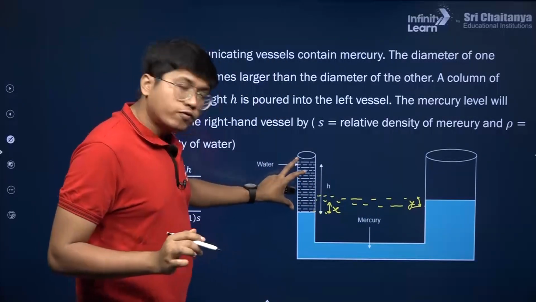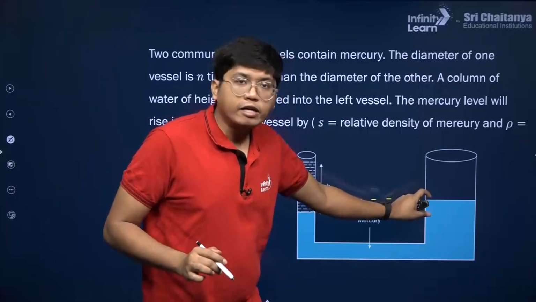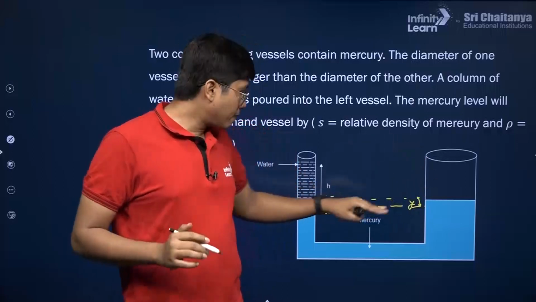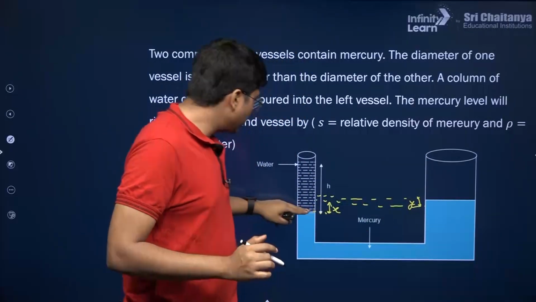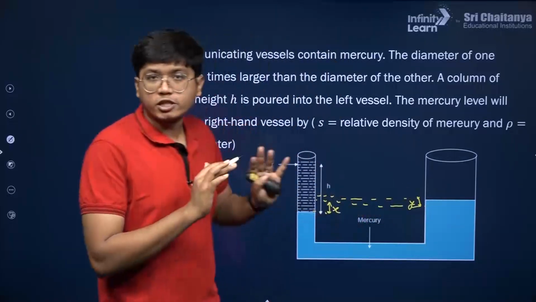So the weight of this water is equal to the weight of x plus y height of mercury over here, because by Pascal's law, at the level where the mercury starts in this side, the pressure should be the same.